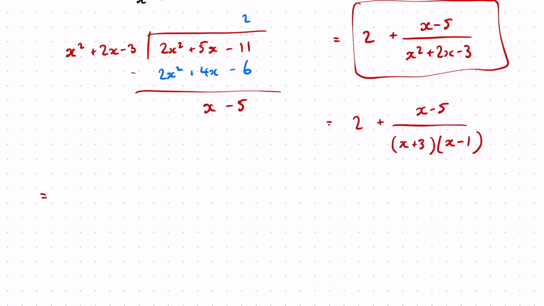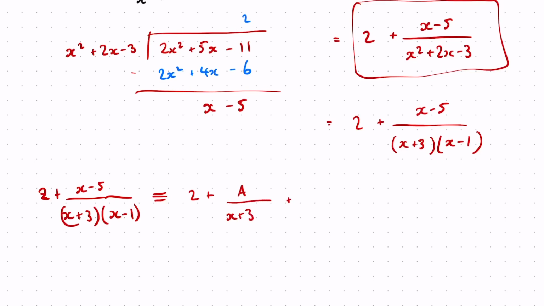So I'm going to say that 2 plus x minus 5 over x plus 3, x minus 1 can be rewritten as 2 plus a over x plus 3 plus b over x minus 1.